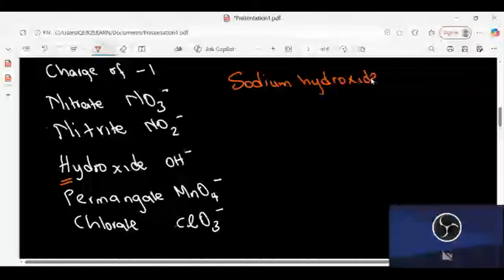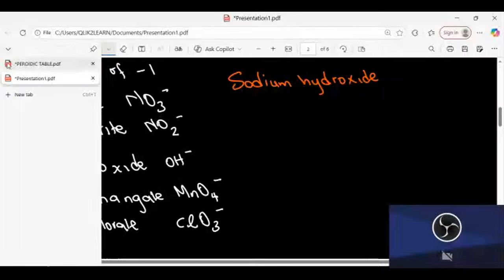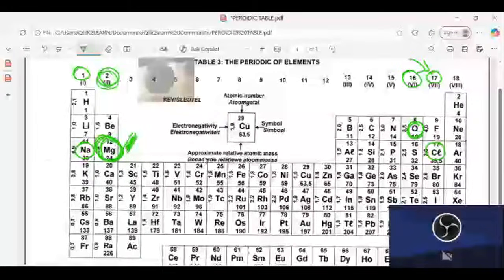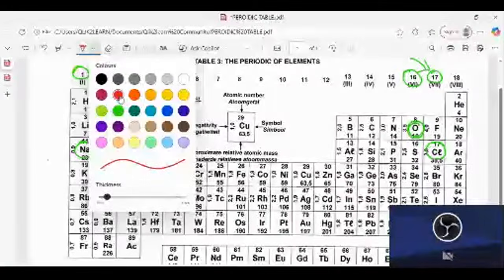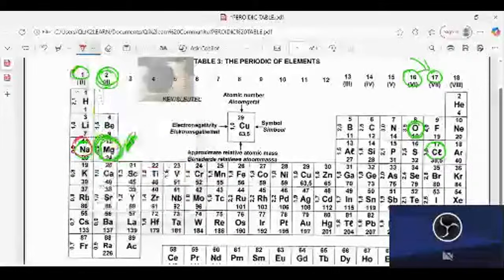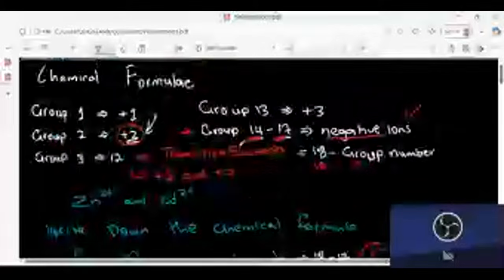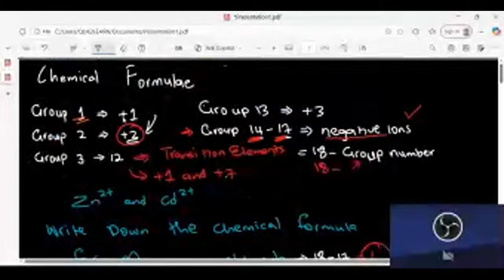So when they want you to write the chemical formula for sodium hydroxide, you go to your periodic table and look for Na. Na is in group 1. Remember, elements in group 1 are positively charged by 1.